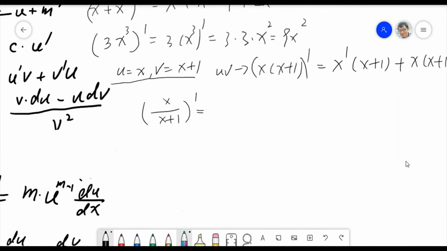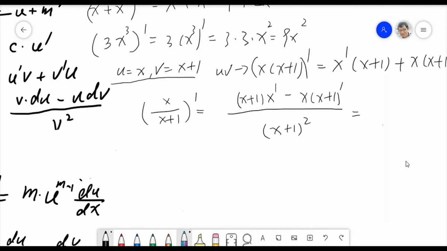So first is v squared, so x plus 1 squared, over v, right? So x plus 1, then du, so x prime, minus u times v prime, and then what? x plus 1 prime, right?